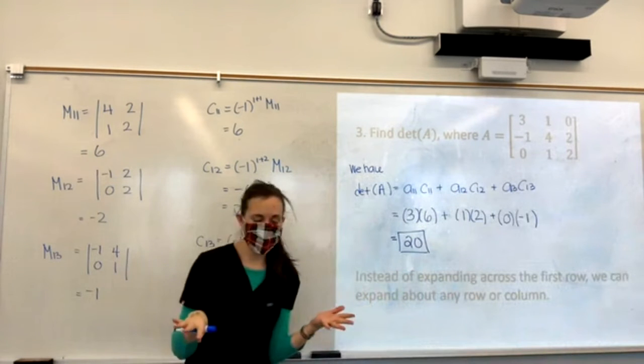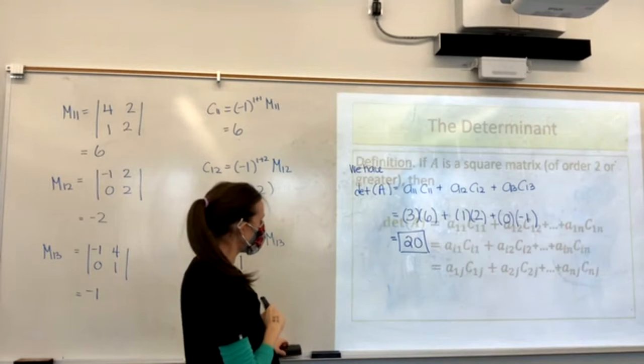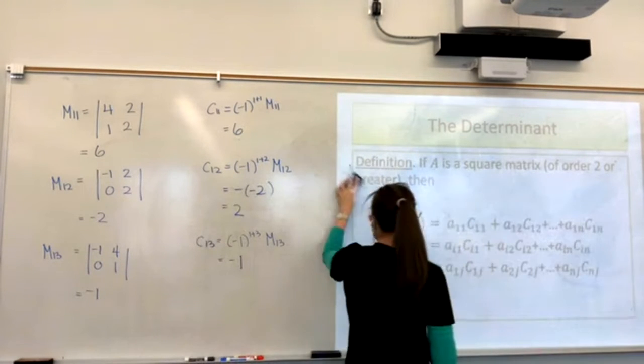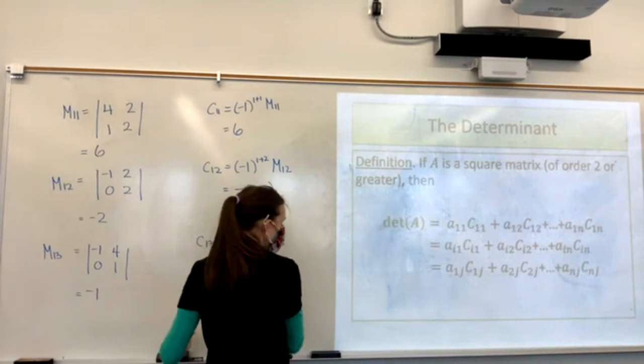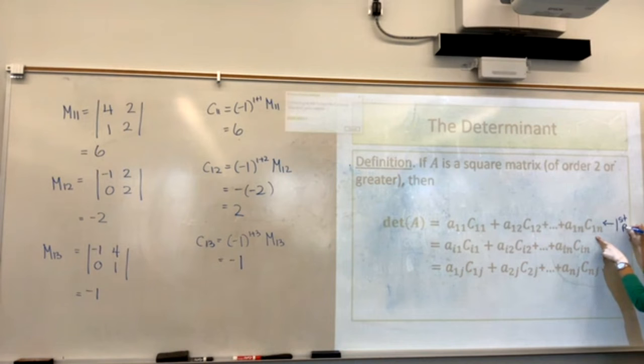Okay, now, what we did in this example was we expanded our way across the first row. But there's nothing special about that. If we look back at this crazy formula, this first piece of the definition is what the definition looks like if you work your way across the first row like we just did.